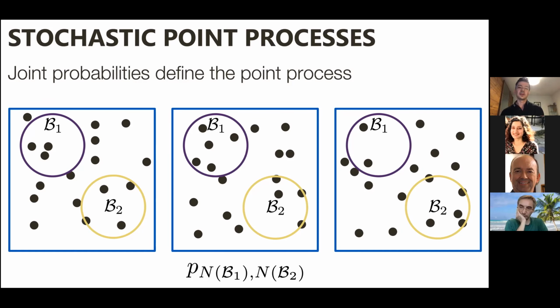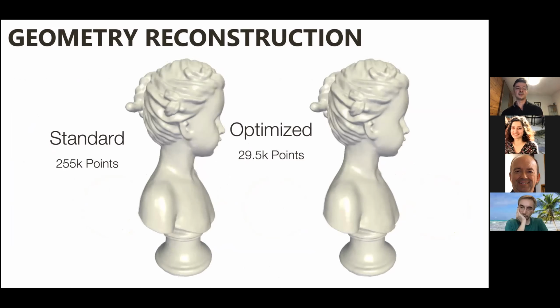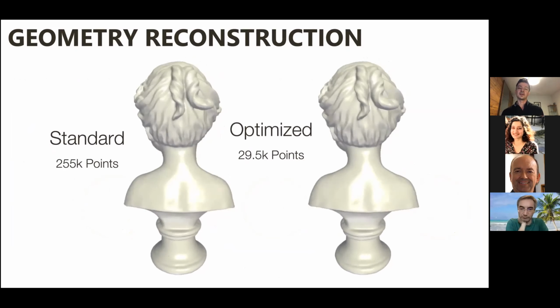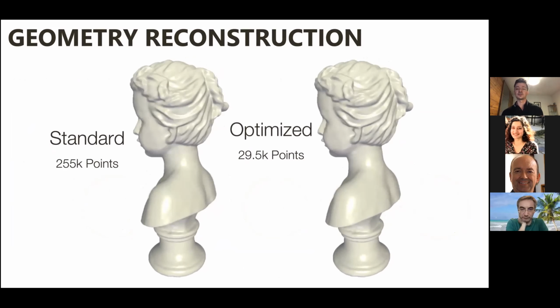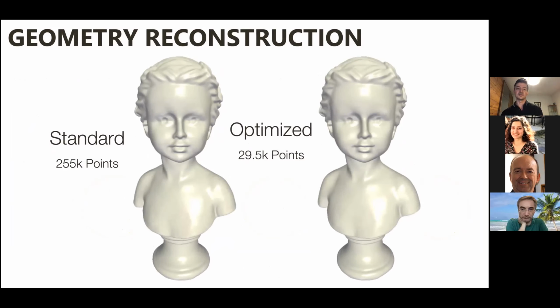We actually applied it to quite a bit of different structures. For example, for geometry reconstruction, if you're careful with your point placement, then you can get much nicer captures and reconstructions. The same goes actually for the recent systems. We published recently a paper.